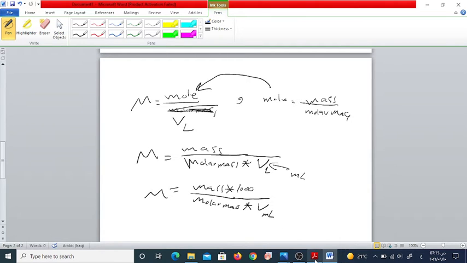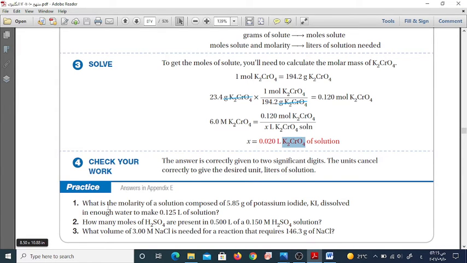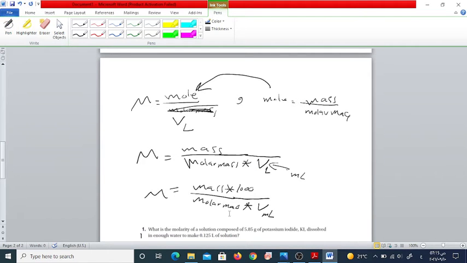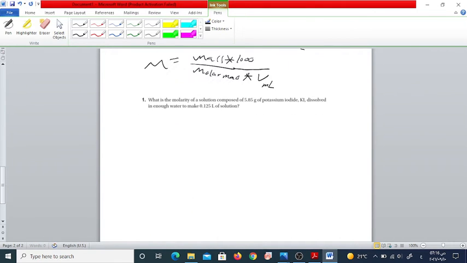Now let's solve this example. Here we have 5.85 gram of KI dissolved in enough water to make 0.125 liter solution.